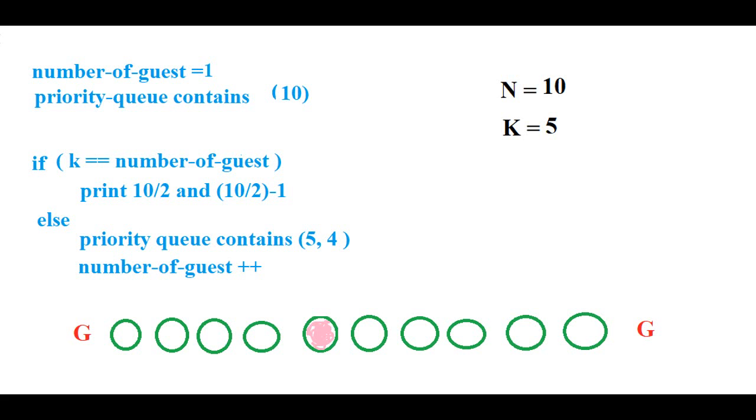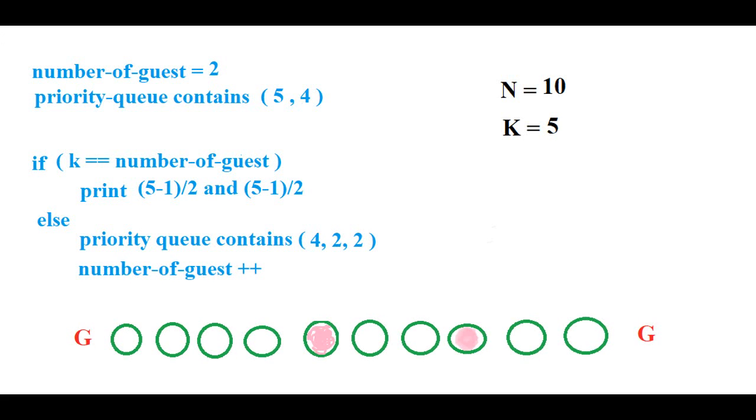Now a second guest has arrived. He goes to the middle of the 5 available bathroom stalls. If K were equal to 2, the answer would be 2 and 2, because we had 5 consecutive bathroom stalls and we took one of them. So that leads to 4 empty stalls, 2 on each side. We retrieve 5 from the priority queue by doing a priority queue dot pop, and we push the values 2 and 2.